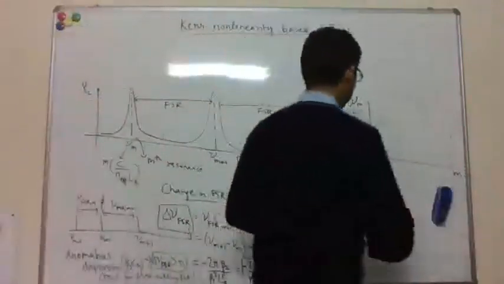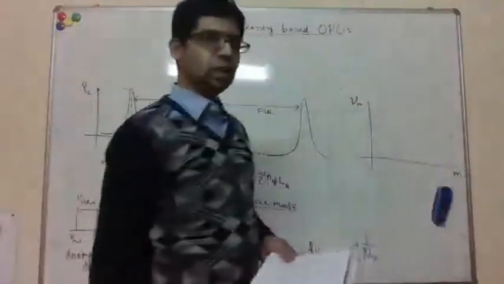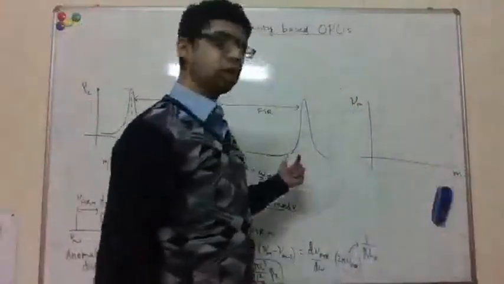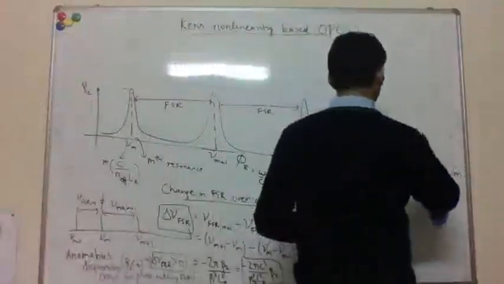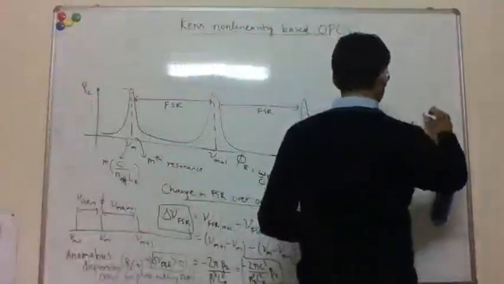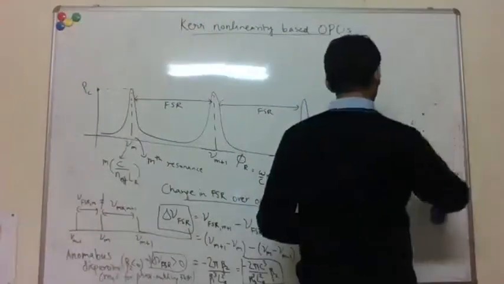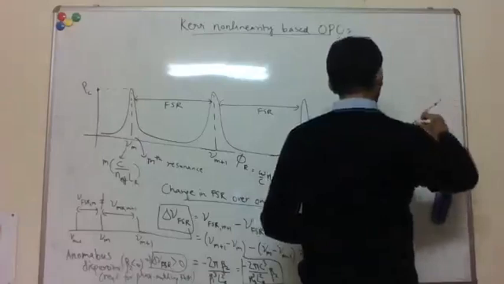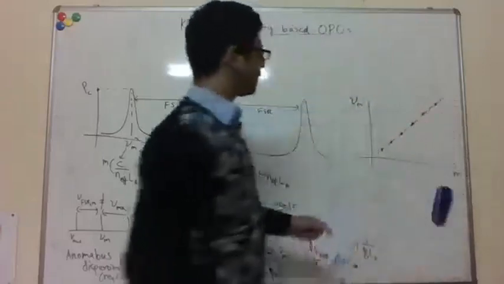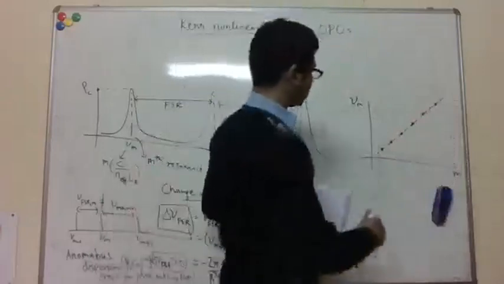If you don't have any dispersion, or basically beta 2 is 0, then this is a straight line, which means that the modes are equally spaced.